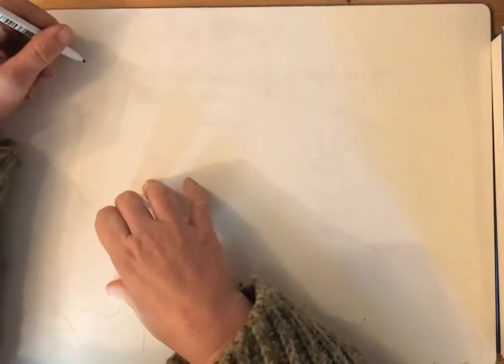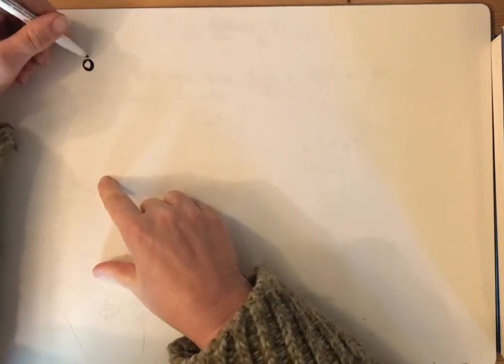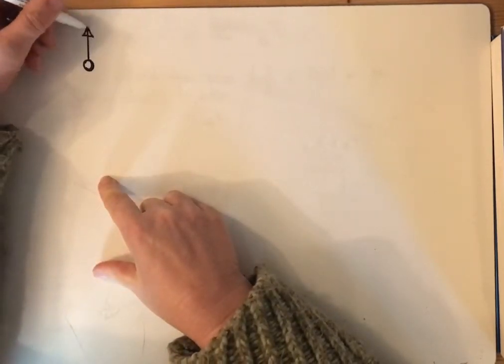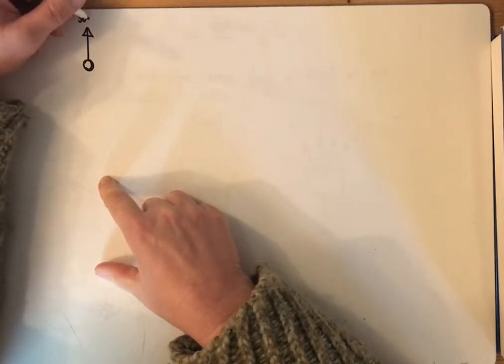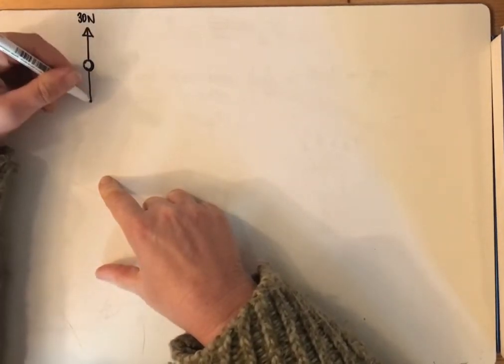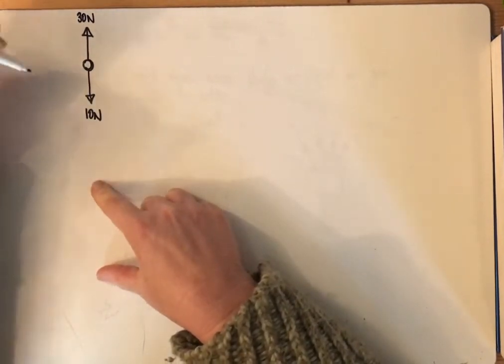Okay, so one more example. All our objects are really going to be modelled as particles. Objects actually have a centre of mass that they act through, but we don't find centres of mass in this course, which is a little bit of a shame.